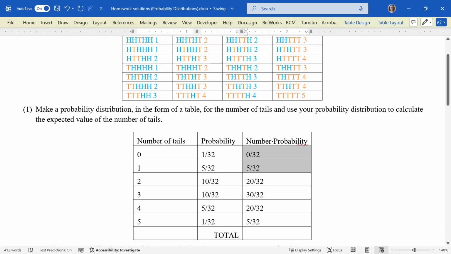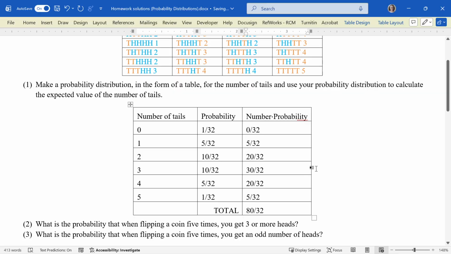Okay, and now since these are all over the same denominator, I'm just going to add up the numerators. So let's see, 5 plus 20 is 25, plus 30 is 55, plus 20, 75, plus 5, 80. So this is 80 over 32.